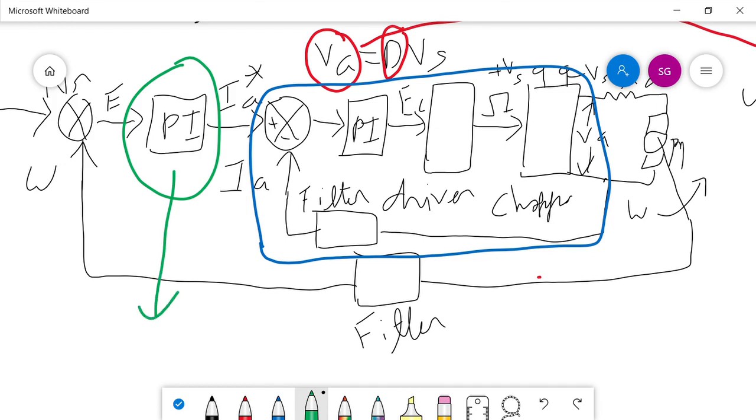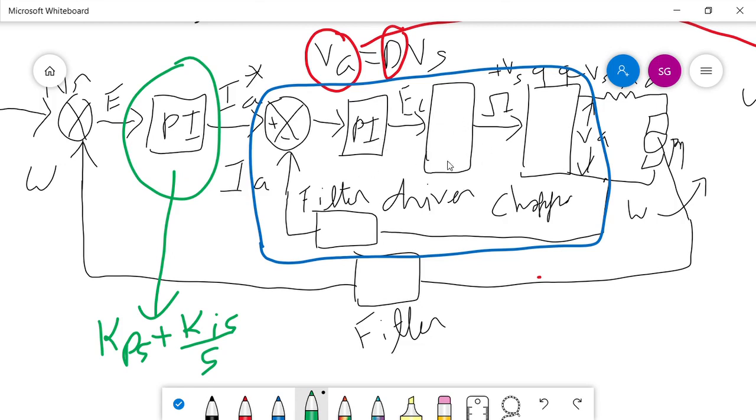This PI may be written as Kp plus Ki upon S. S because this is an integral constant. So this is Kp plus Ki/S, and this is for speed. Similar expression will also be valid for this PI controller, the current controller. Here it will be Kpc plus Kic divided by S.